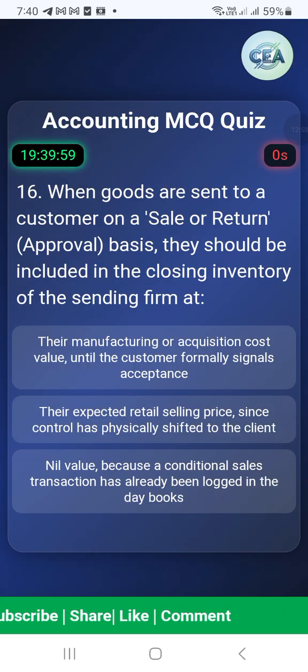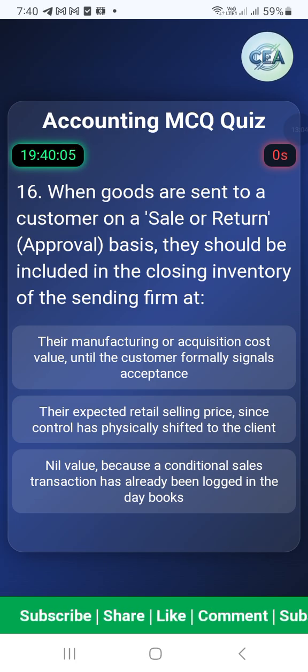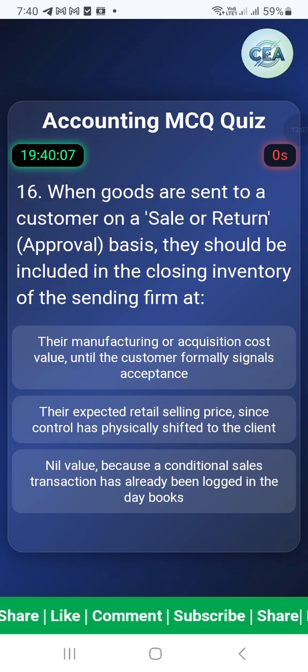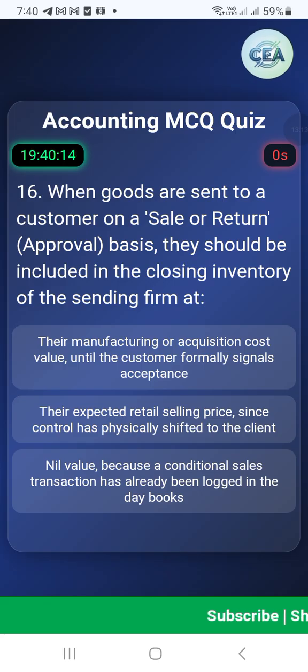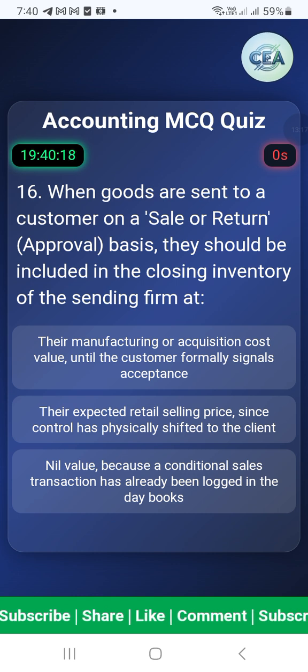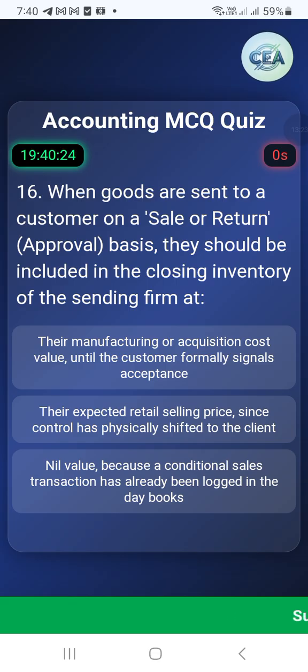16. When goods are sent to a customer on a sale or return approval basis, they should be included in the closing inventory of the sending firm at Option 1. Their manufacturing or acquisition cost value, until the customer formally signals acceptance. Option 2. Their expected retail selling price, since control has physically shifted to the client.